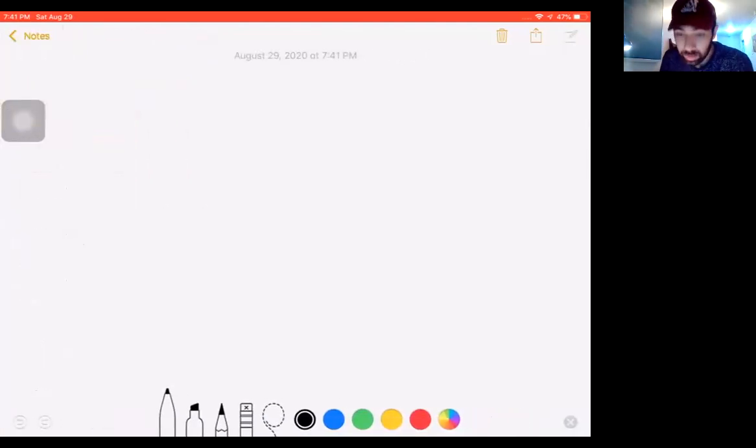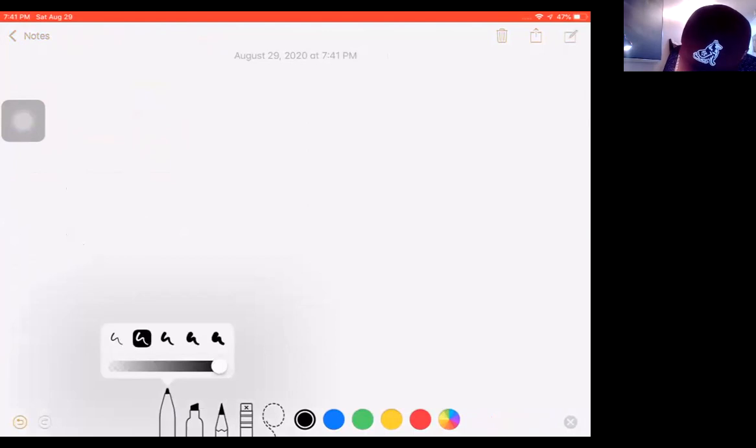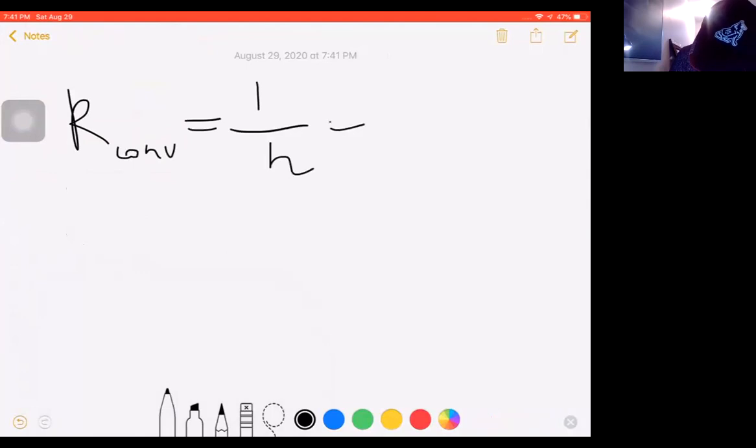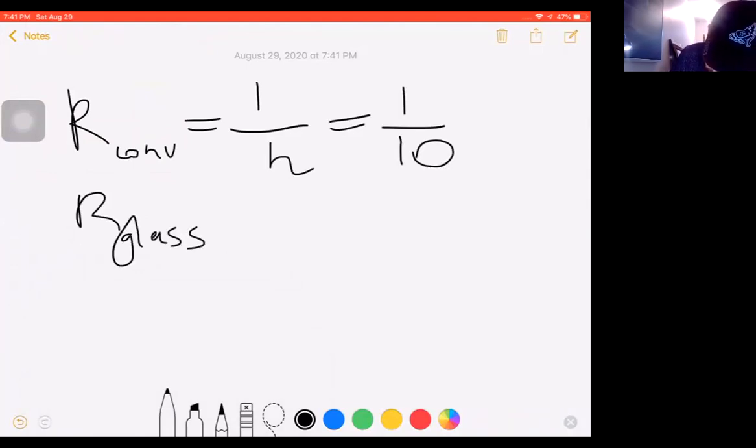So I will again write down the resistance for the convection part. R of convection is equal to 1 over H, so that was 1 over 10. R for the glass layer is equal to L over K times area.